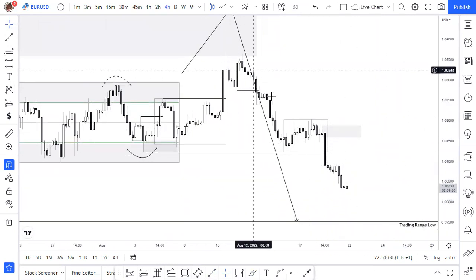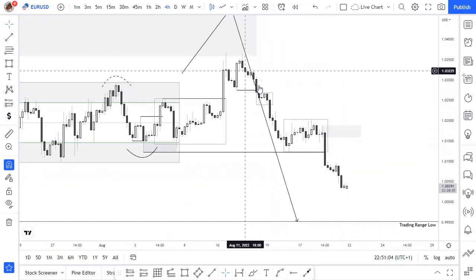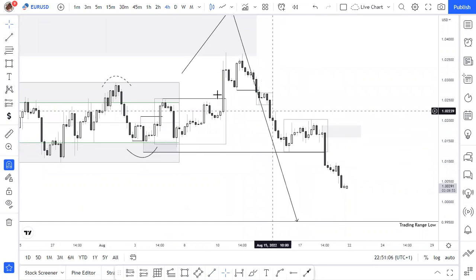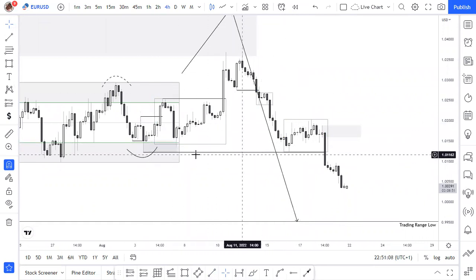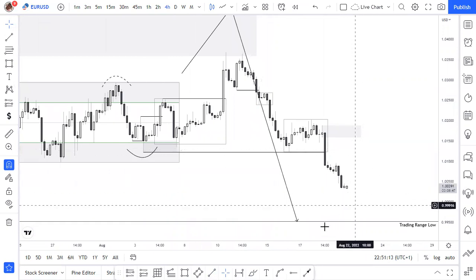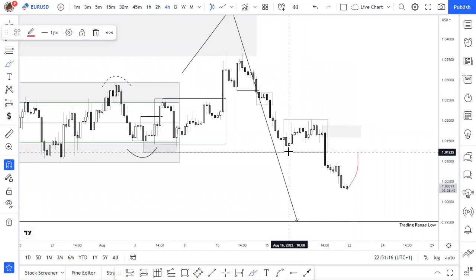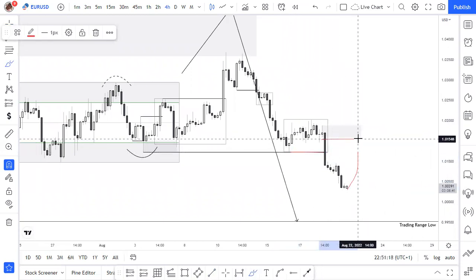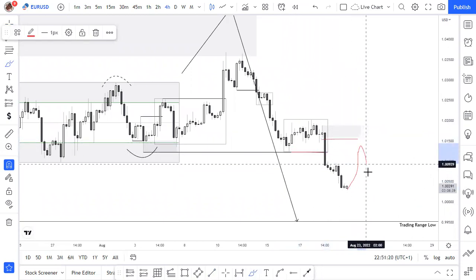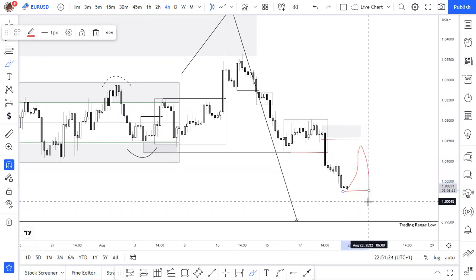The only time we can say we have a confirmed bearish structure on the 4 hour is if price pulls back maybe into the bottom of the range or this refined range here and then makes a new lower low.